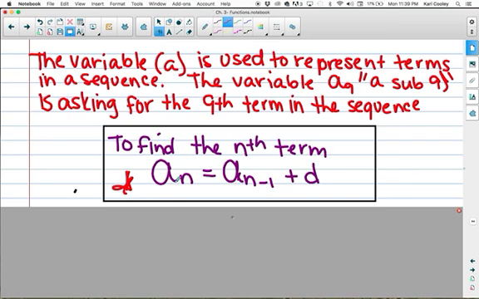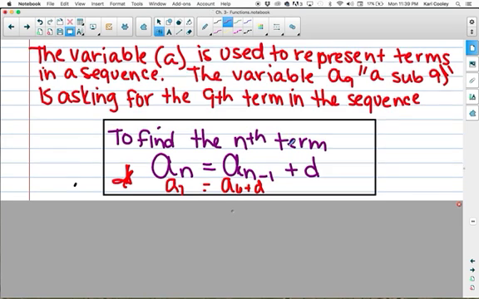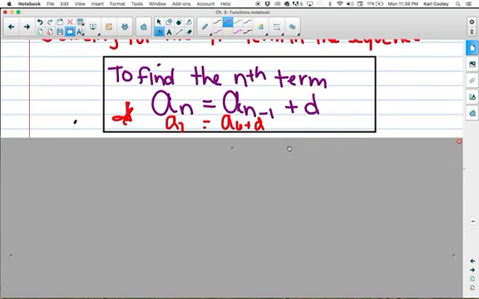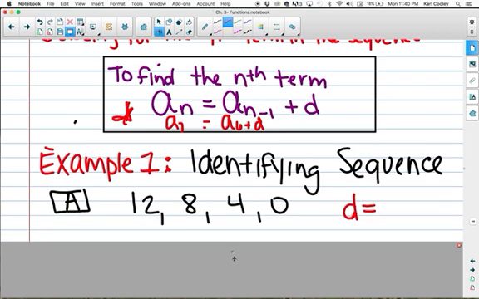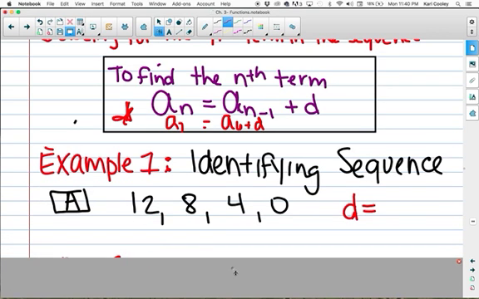So if I'm looking for the 7th term, I'm going to take the 6th term, because 7 is here at the end, 7 minus 1 is 6, and I'm going to add that common difference to create that 7th term. So again, you guys are all pretty much familiar with that thought. So I'm not asking you to memorize this formula. To be honest, you don't even need to write it down. But let's just make sure we know how to find the next terms in my sequence.